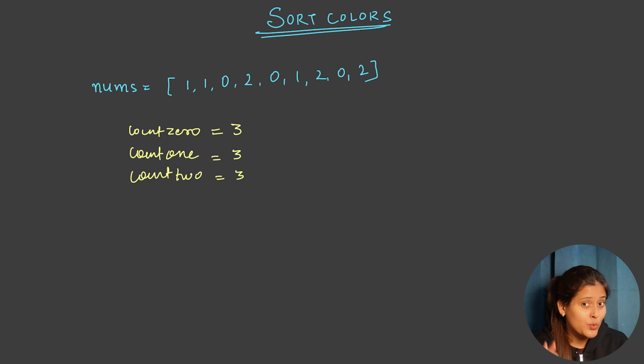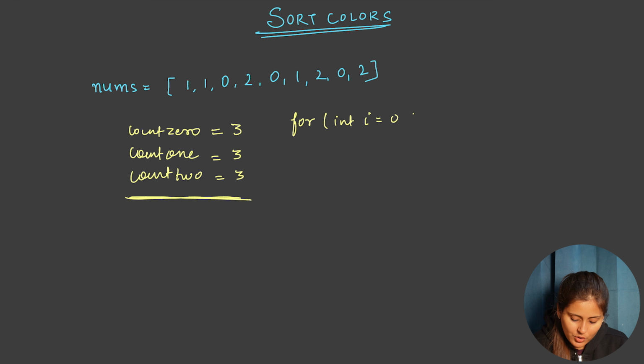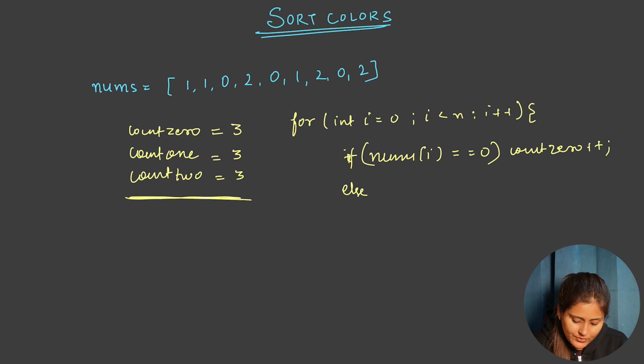As of now we are just doing the brute force approach. So we have counted count0, count1 and count2. How can we count them? We can run a for loop for int i equal to 0, i less than n, i plus plus, and simply check if nums of i is equal to 0, then count0 plus plus. Similarly, else if nums of i is equal to 1, count1 plus plus.